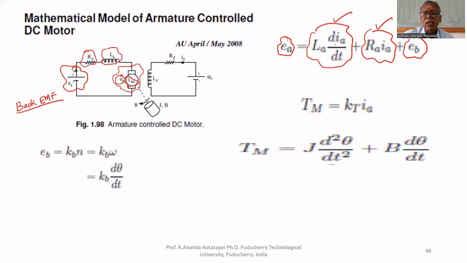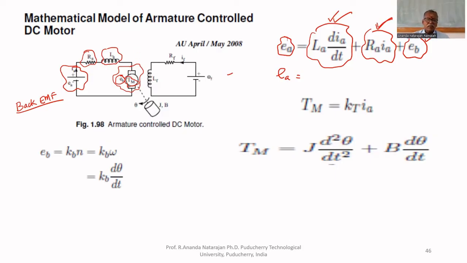Therefore, EA equal to LA dIA by dt plus RA IA plus EB. EB is because of the rotation.